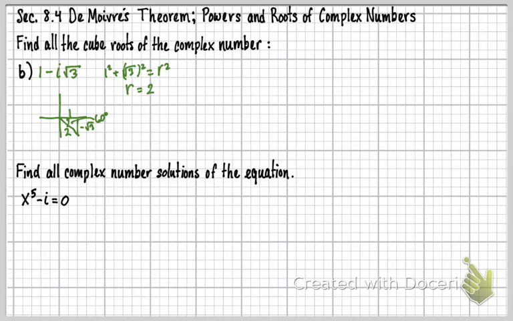So I think I'll use the negative 60 because it really doesn't matter with that one. Okay, so my complex number in polar form is going to be 2(cosine of negative 60 degrees plus i sine negative 60 degrees).